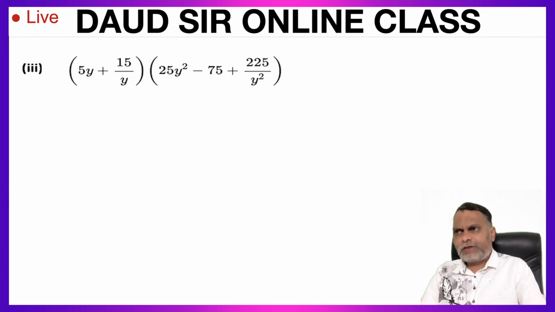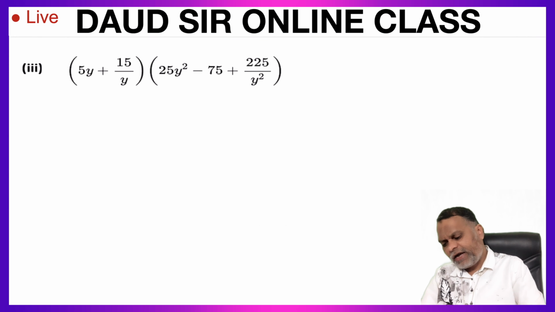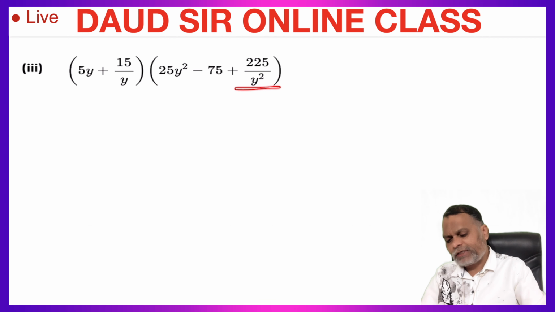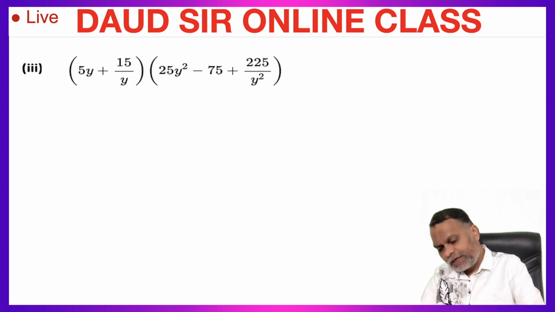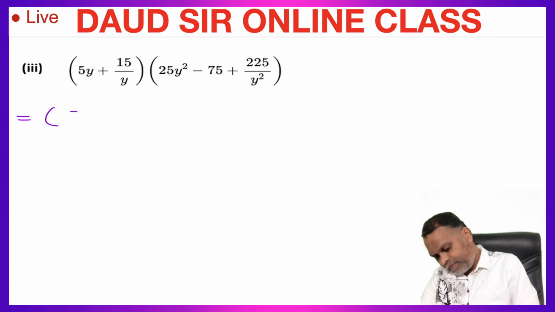Question number 6, part third, last part. 5y plus 15 upon y into 25y square minus 75 plus 225 upon y square. We have to find out its value, so we can write this, which is equal to 5y plus 15 upon y.